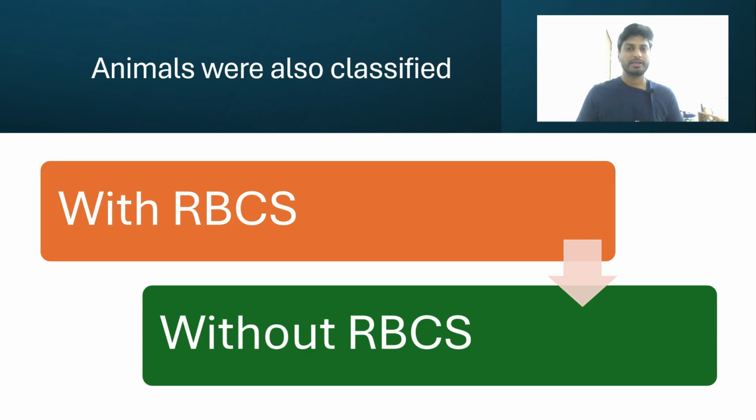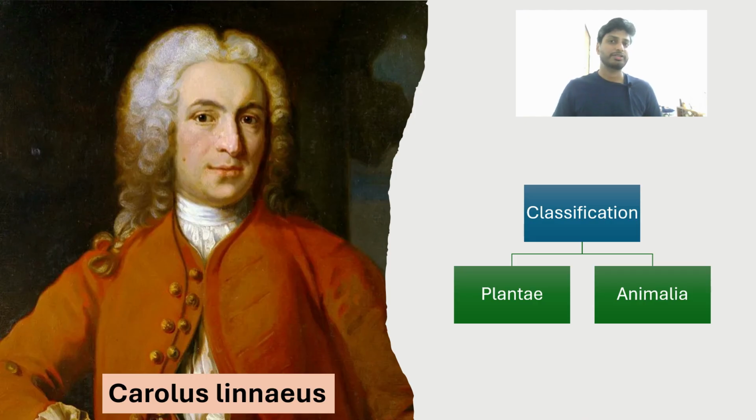Meanwhile, coming back to the topic, Aristotle did the classification of animals based on the presence of RBCs. He made two groups of animals, one which had RBCs and the other which did not have RBCs.